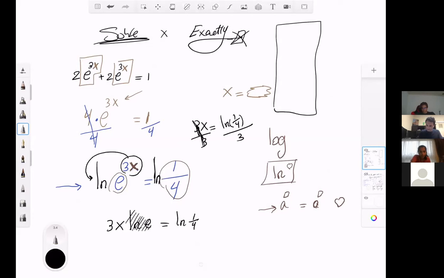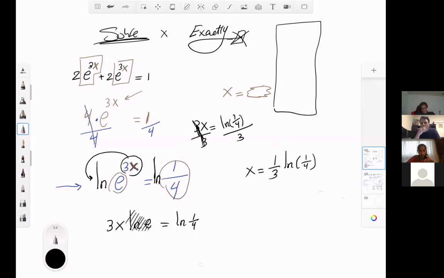Then we are done. So x equal to 1/3 ln of 1 over 4.